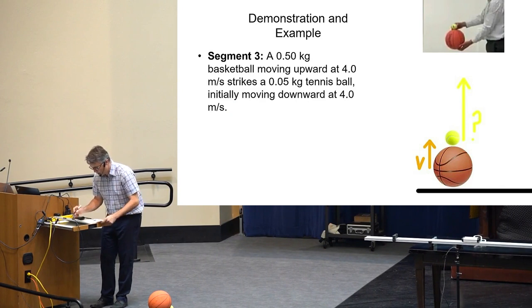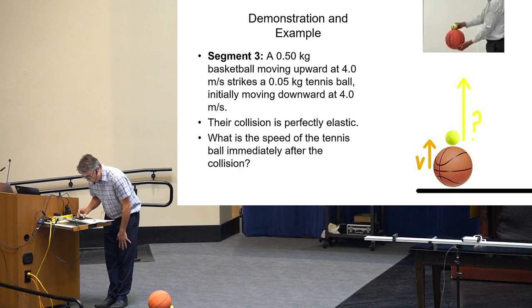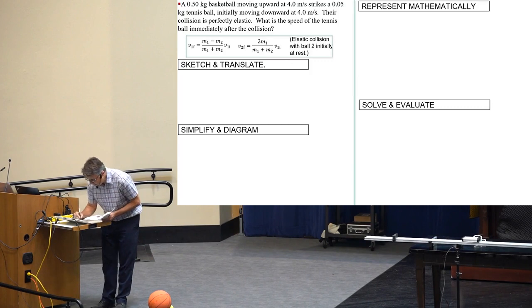Segment 3 is that you've got a 0.5 kilogram basketball moving upwards at 4 meters per second and it strikes a 0.05 kilogram tennis ball that's moving downwards at 4 meters per second. So what happens? Well, just find the tennis ball after the collision. What we're going to do is say initial.